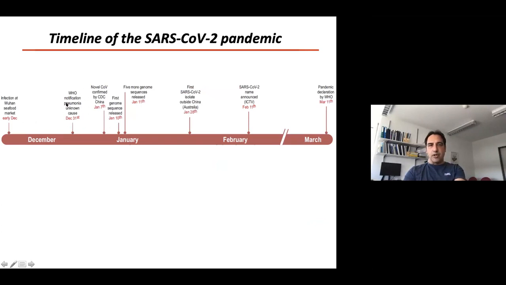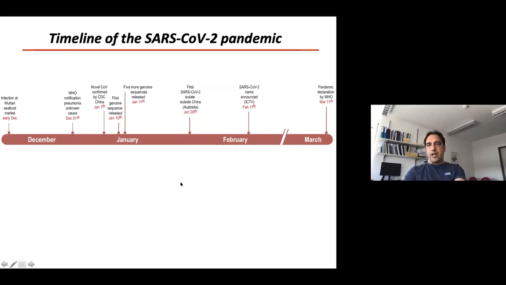The WHO notified us at the end of the year, and then it went very fast until the first sequences were released on January 10th. But it took a while until actually the virus was available, and it was not available from China, but the first isolate that was obtained outside China was in Australia. And from there, it was distributed to other labs so that the research could start on this virus.